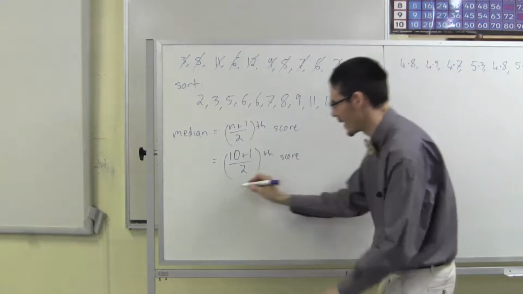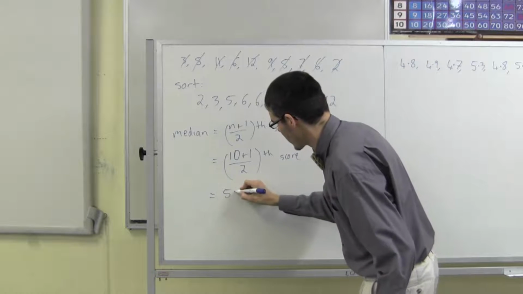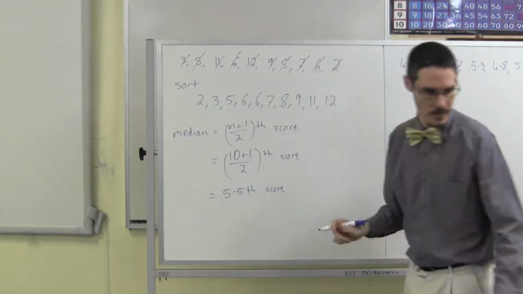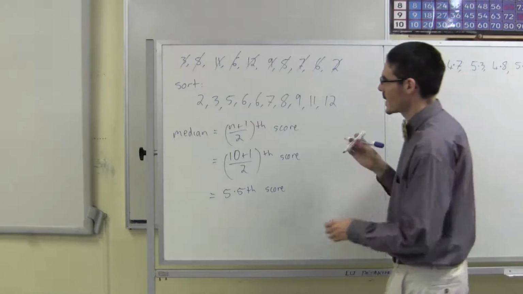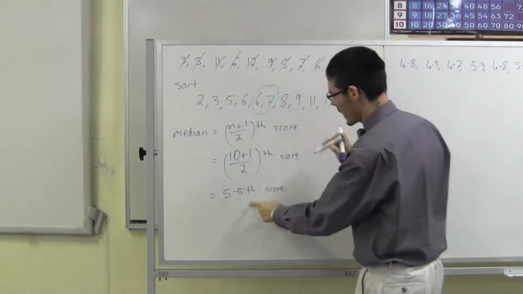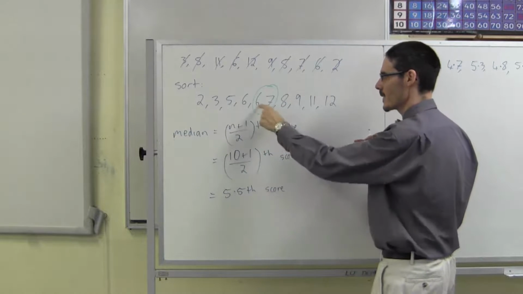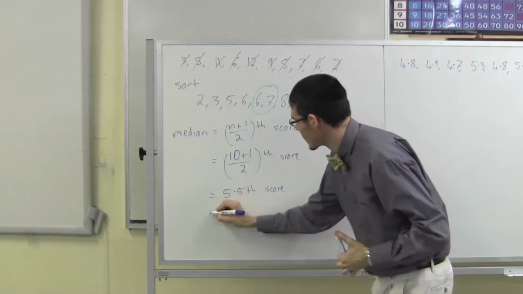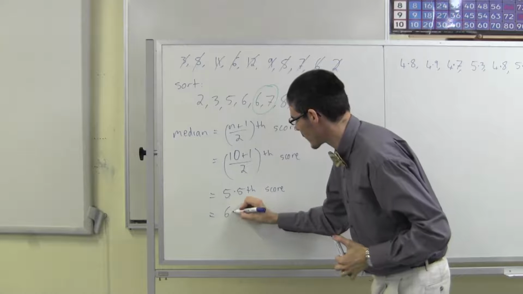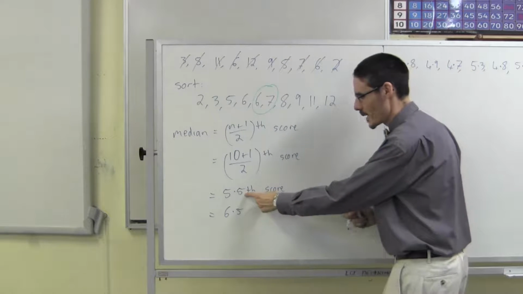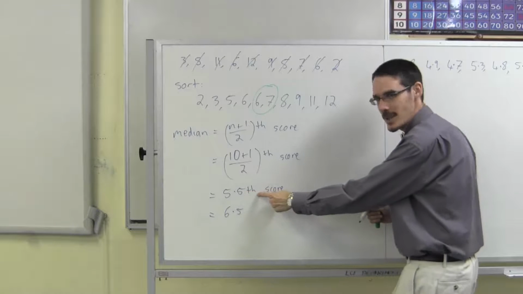No, it's not. It's 5.5. The 5.5th score. So we go back to our list and we go 1, 2, 3, 4, 5 and 6. Halfway between the 5th and the 6th scores. Well, halfway between those two scores is 6.5. Remember, the formula doesn't tell you the median, it tells you the position of the median.